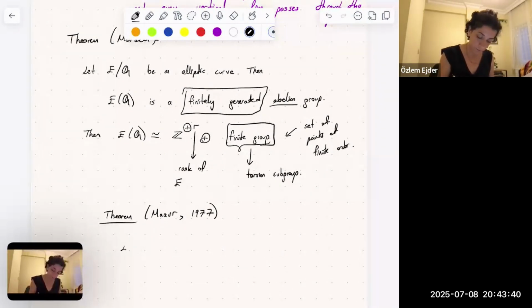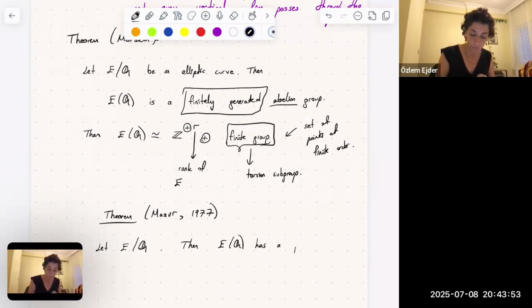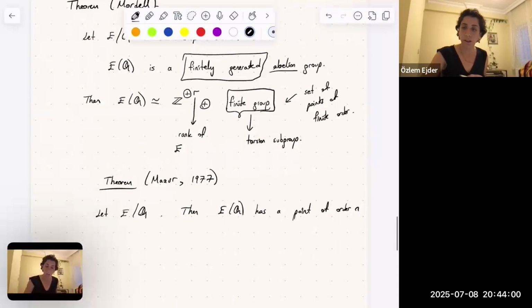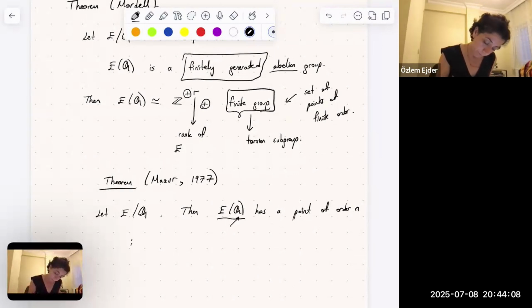It says that if you have an elliptic curve E over Q, then E(Q) has a point of order n, fixing an elliptic curve E and assuming you have a point of order n, not just an arbitrary rational point, if and only if n is one of the following: one of the integers from 1 up to 10, or 12.